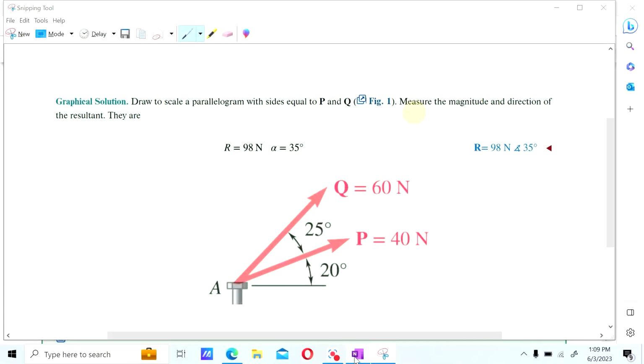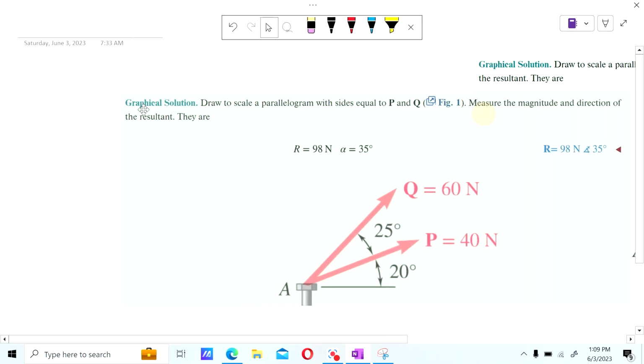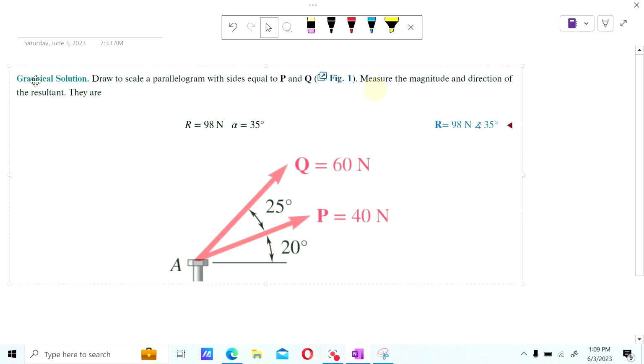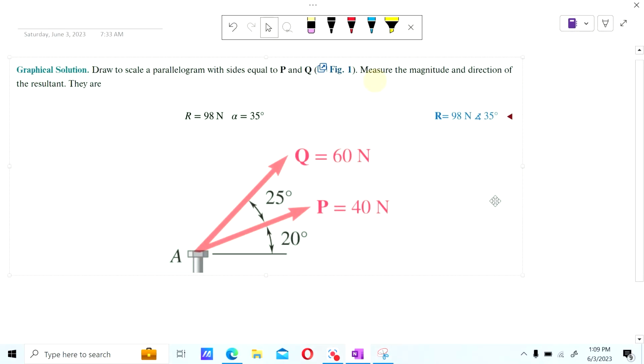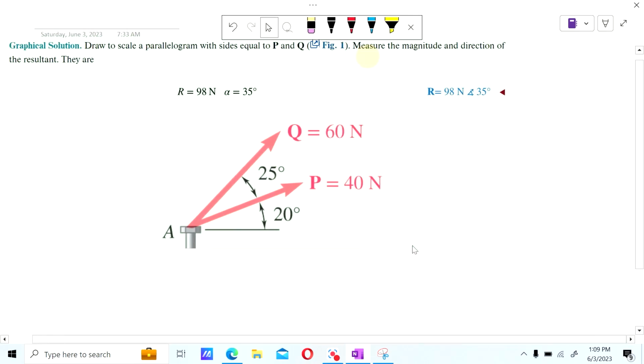Okay, all right, they're telling us that we should draw to scale. Well, it's going to be tough, but let's just draw the parallelogram with these two vectors P and Q and measure the magnitude.